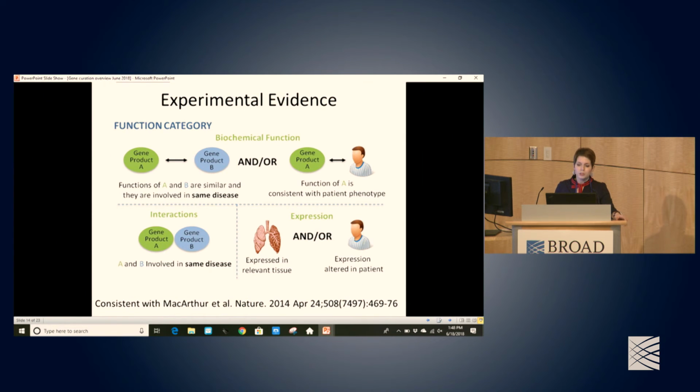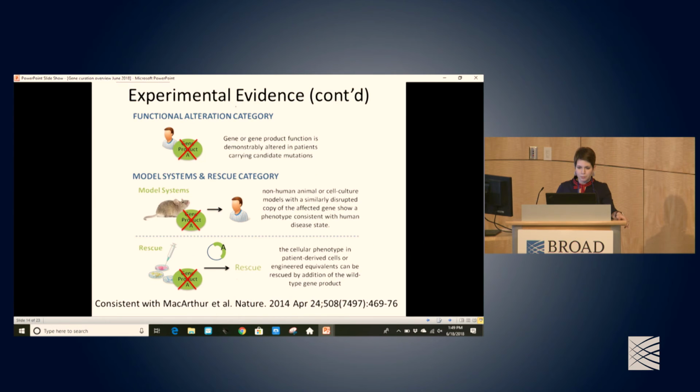The other large scoring area that we have in this matrix is experimental evidence. And we have set up the categories for this evidence type to be consistent with the MacArthur et al. 2014 paper talking about interpreting sequence variants. And so briefly, our categories are biochemical function, protein interactions, expression, functional alteration, model systems, and rescue.